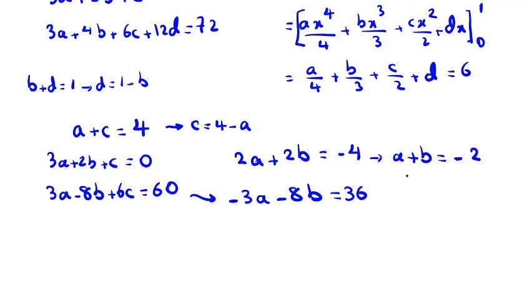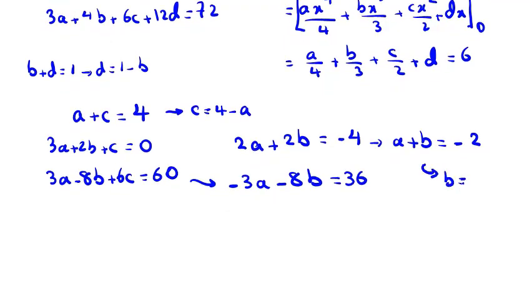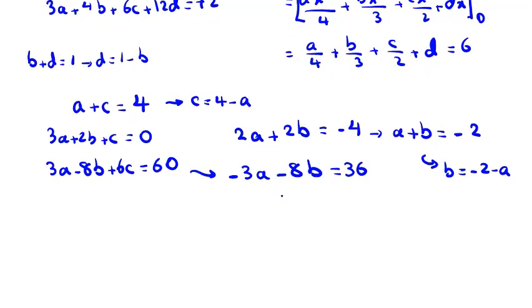Now we have two equations, two variables. Here you replace b with negative 2 minus a. Negative 8 times this gives 8a, 8a minus 3a is 5a. Negative 8 times this gives 16, and 36 minus 16 is 20.